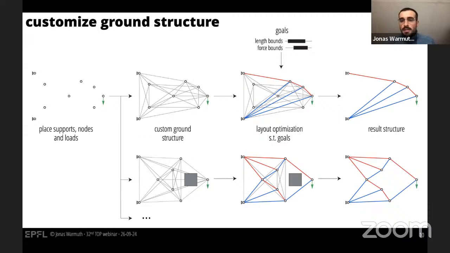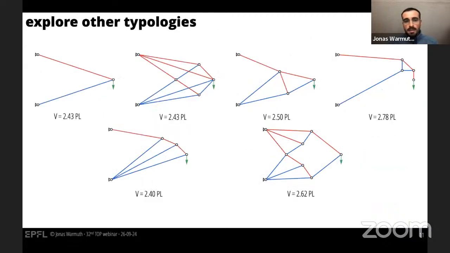But the good thing is that since we use layout optimization as the ground approach, we always get efficient structures, which is important for us. And if we think of the example that I've just shown you, here on the left-hand side, we can also find other typologies, other types, other forms. This really allows us to explore different designs, which are all still performing quite well.